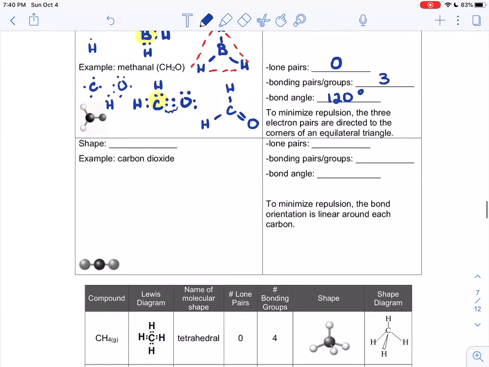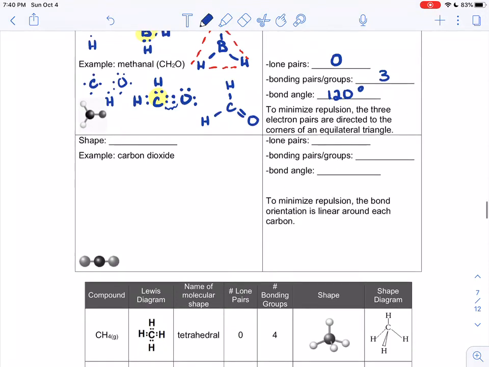All right. The last thing that I'm going to do is this last one, and this is carbon dioxide, which is CO2. For this one, carbon has 4 bonding electrons, oxygen has 6. Carbon is going to be my central one.